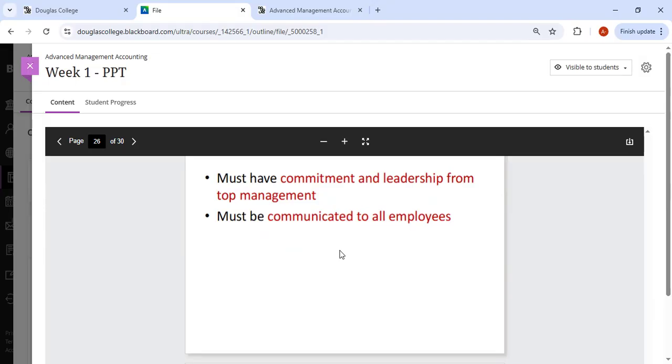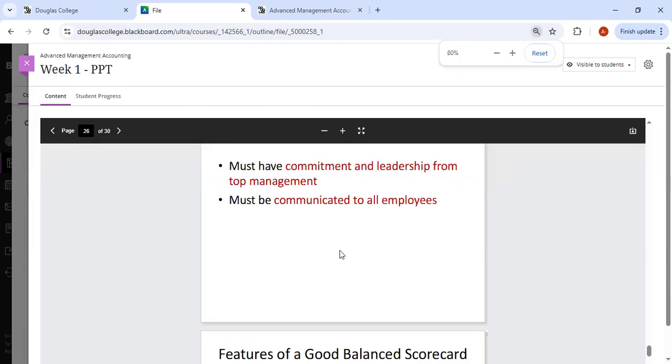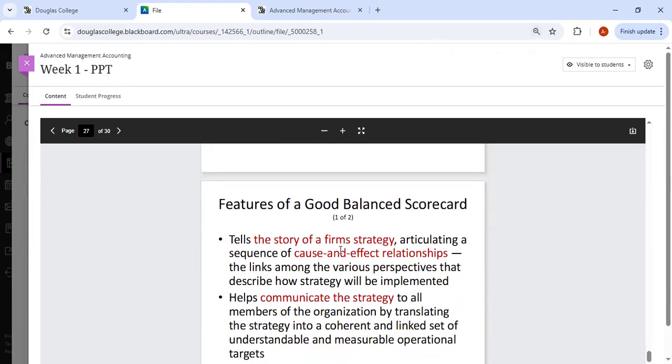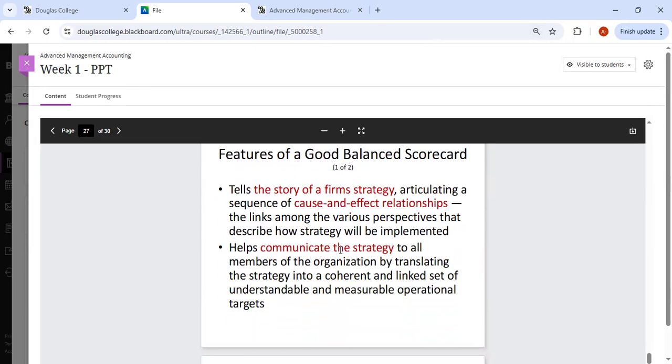Now you have to choose what will be the proper strategy for your group. And once you find this proper strategy for your group, you can communicate it to the other team members and see, hey, what do you think about this? Let's try to achieve this, let's try to achieve that, and see if this actually works. These are the features of a good balanced scorecard, which you can use now.